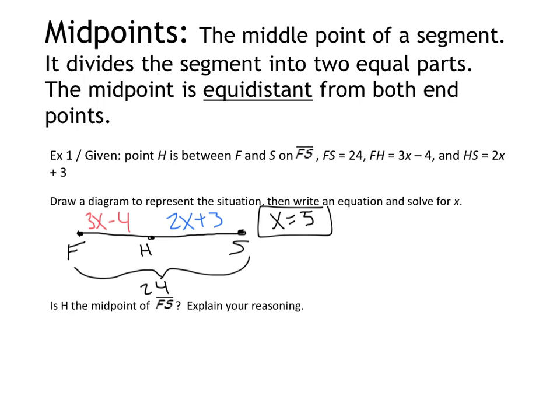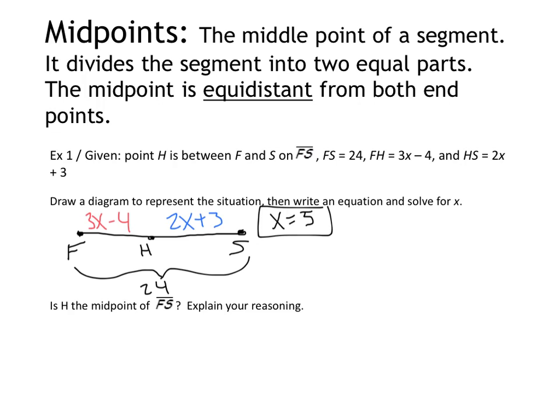The question that we're trying to ask and answer is: is H the midpoint of FS? And we need to explain that reasoning. To find out if H is the midpoint of FS, we have to conclude that FH is equal to HS, where H would lie right in the middle of this line segment.